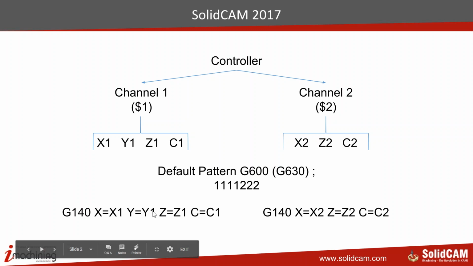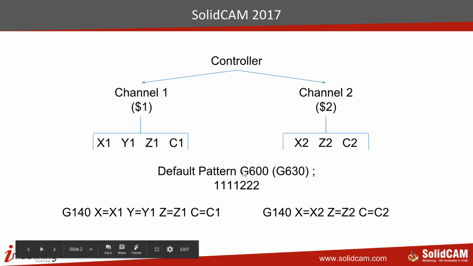In Y, I will use Y1. In Z, I will use Z1. And in C, I will use C1. In the same command, in the second channel, we define the axes. For X, I will use X2. For Z, I will use Z2. And for C, I will use C2. This is the manual mode.